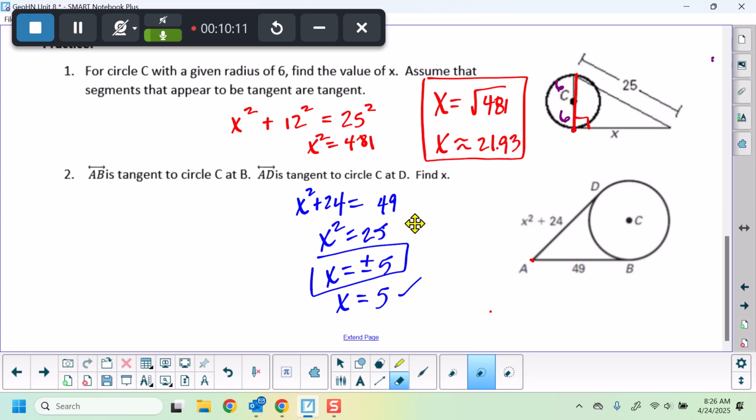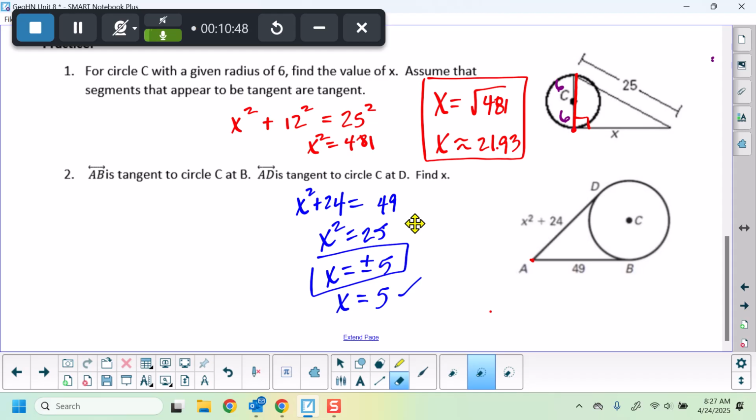So why do I have a box around plus or minus? What's up with that? Whenever you take the square root of a number to solve for x, there's two possibilities for that answer. Because if I'm asking for two numbers that multiply together to give me 25, I can either do 5 times 5 or negative 5 times negative 5.